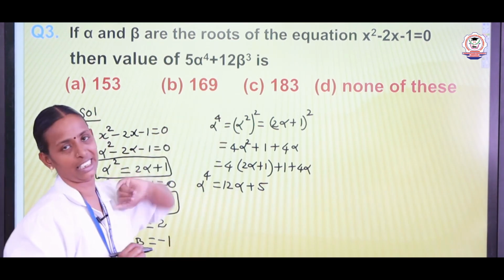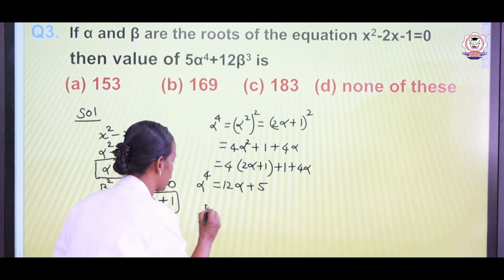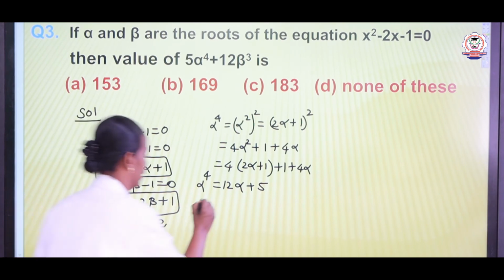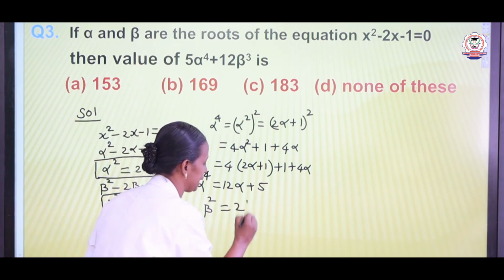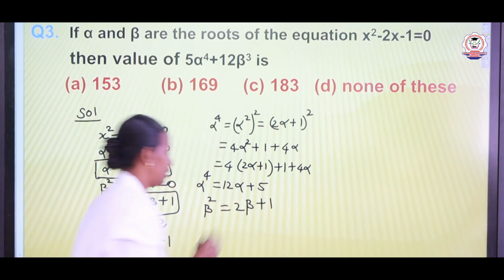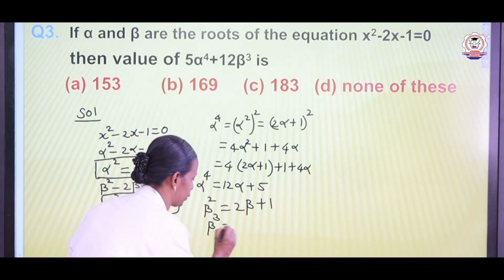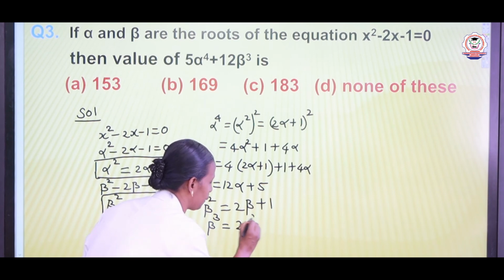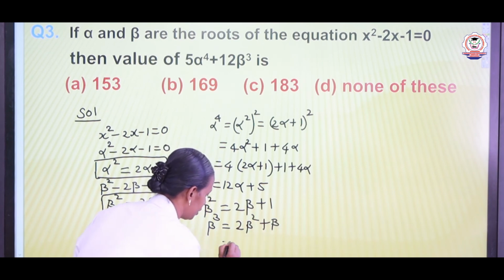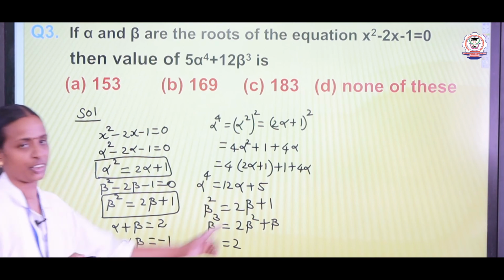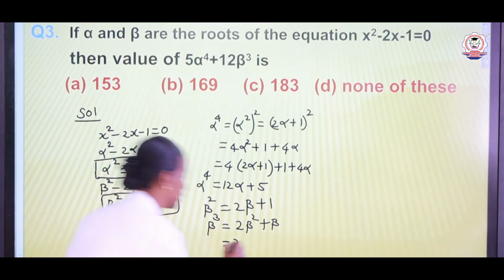Now, we are going to find the value of beta cube. Already we know beta square is 2 beta plus 1. Then multiplying both sides by beta, beta cube equal to 2 beta square plus beta, which is equal to 2 into, what is our beta square value? 2 beta plus 1.